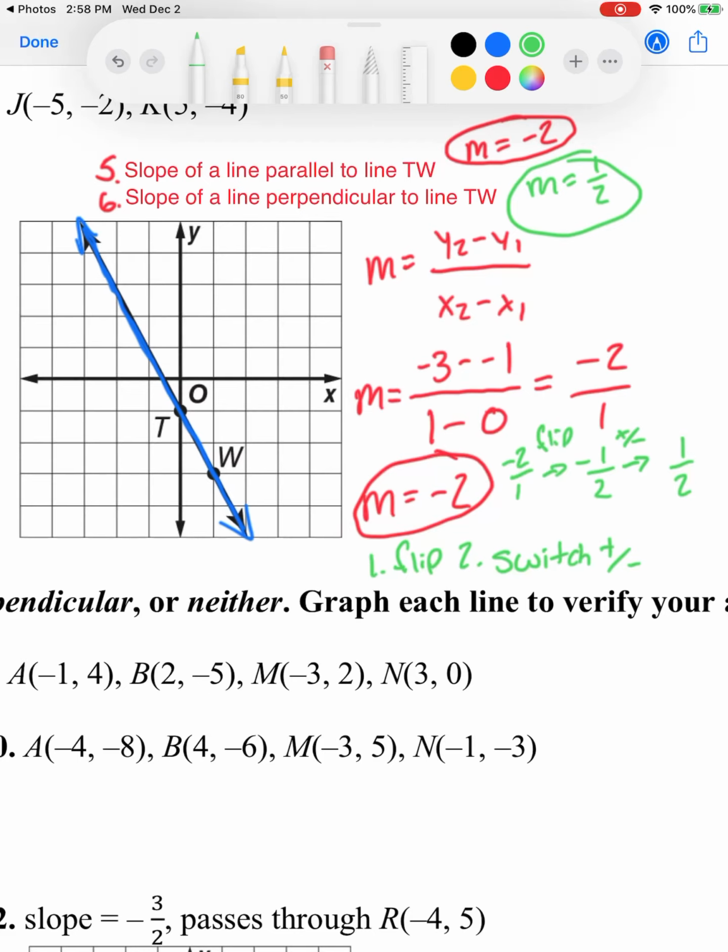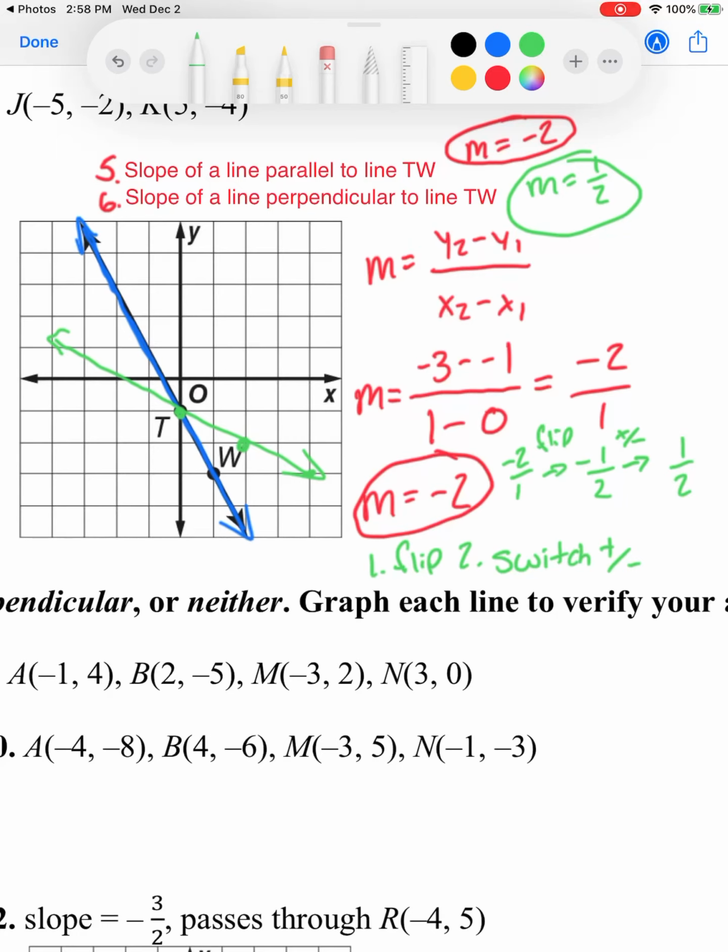Why that is: if we just flipped the slope, our negative 2 would become negative 1/2. And so negative 1/2 would look like this. If we started here, it would go down 1, over 2, down 1, over 2.